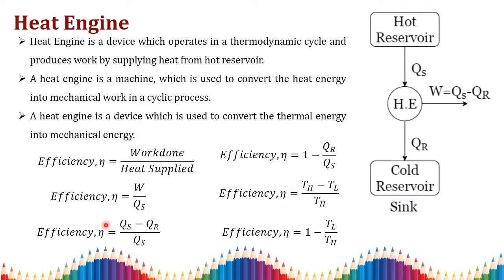QS is supplied from the higher temperature reservoir, so we write TH, and QR is from the lower temperature reservoir, so we write TL. Taking the constant outside, it cancels. Then the efficiency becomes TH minus TL divided by TH. So the efficiency formula for the heat engine will be 1 minus TL by TH.